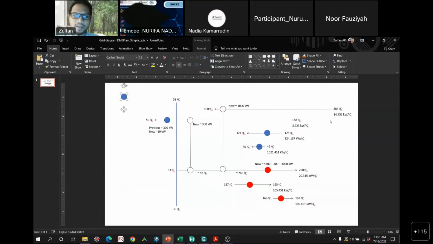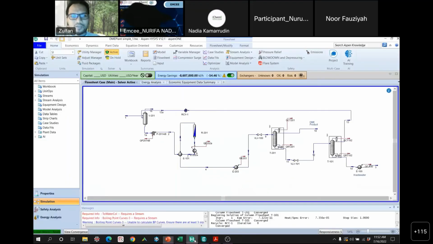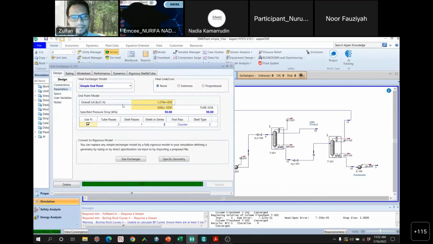But when you apply these modifications, because this modification looks nice on paper, once you get to more correct thermodynamic data, you can end up, instead of the 4 megawatts that you recover, with about how much was that?